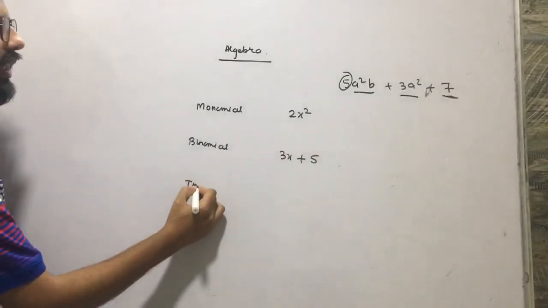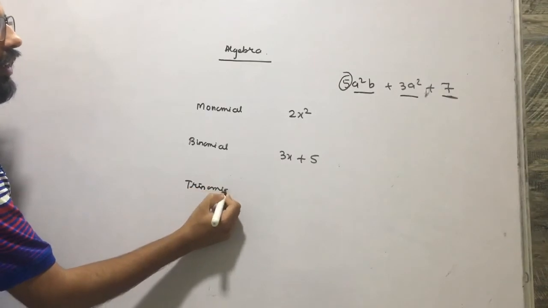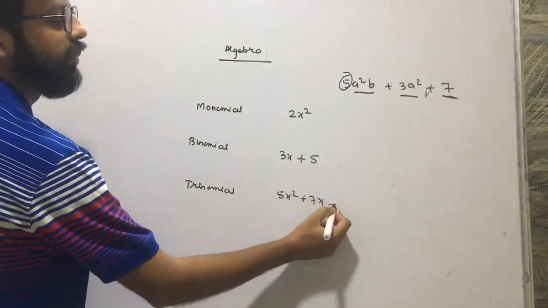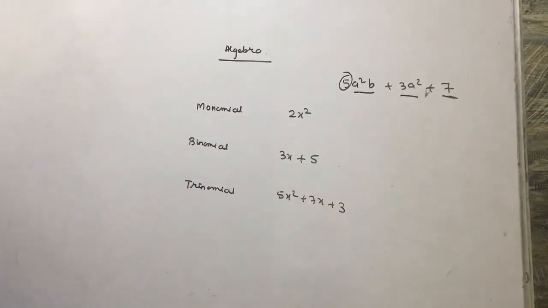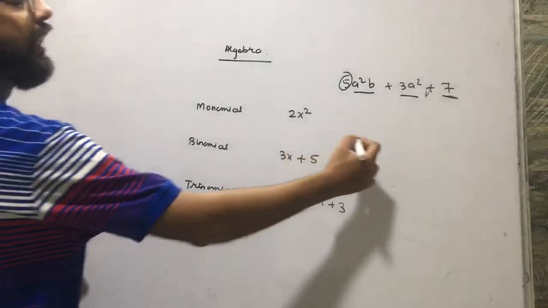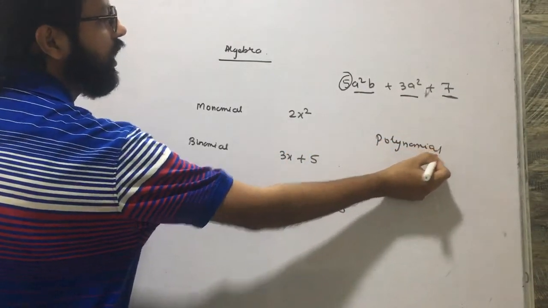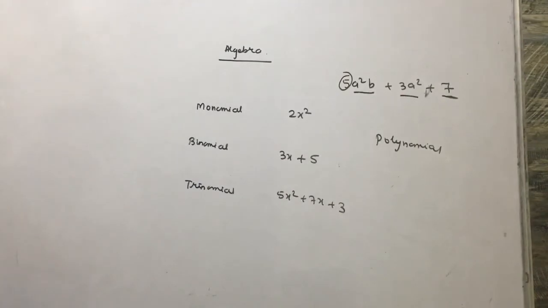Similarly, a trinomial is when you have three terms, like 5x square plus 7x plus 3. When you have more than three terms, in general we call it a polynomial.